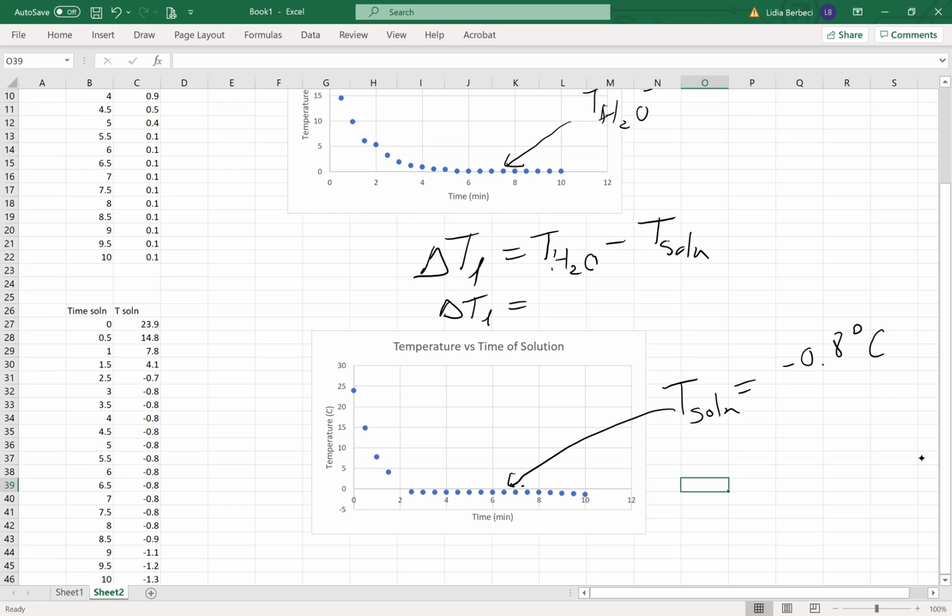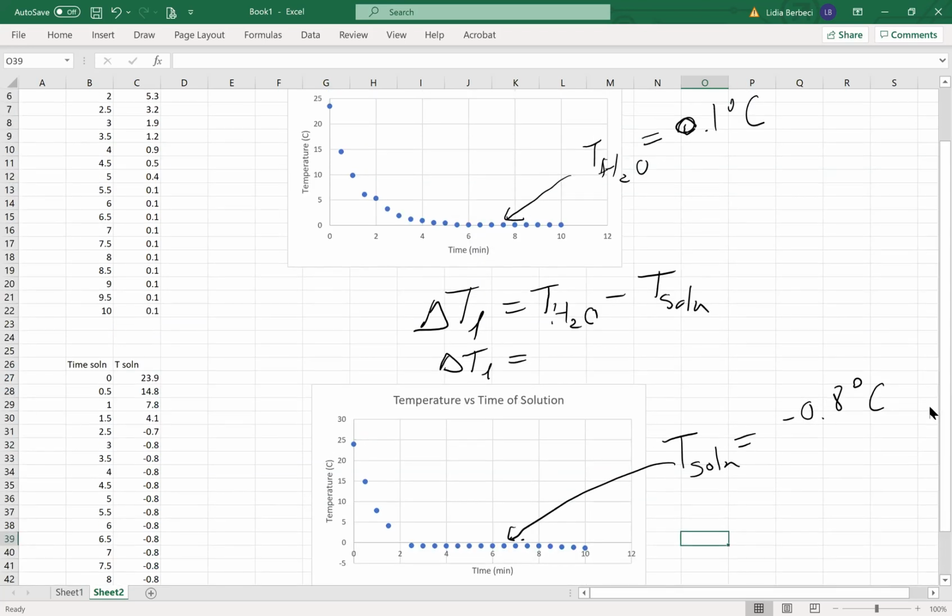For water, we recorded 0.1 minus negative 0.8, so we have 0.9 degrees Celsius for the delta T. This is what we're going to use for the calculations.